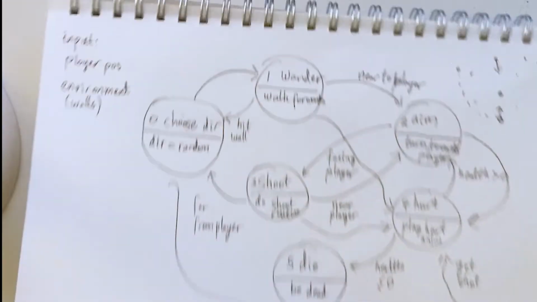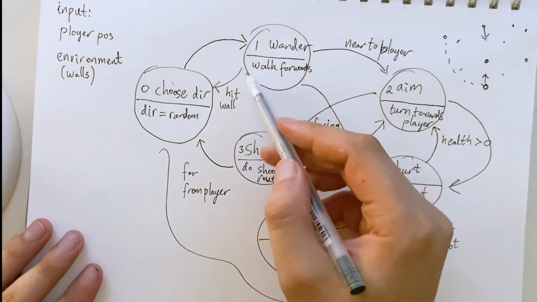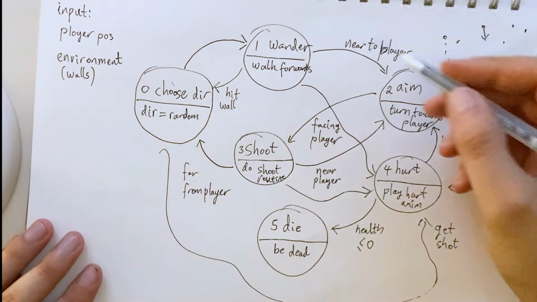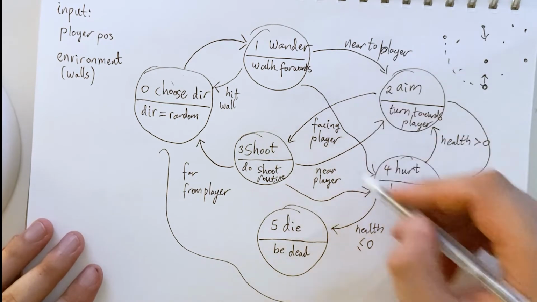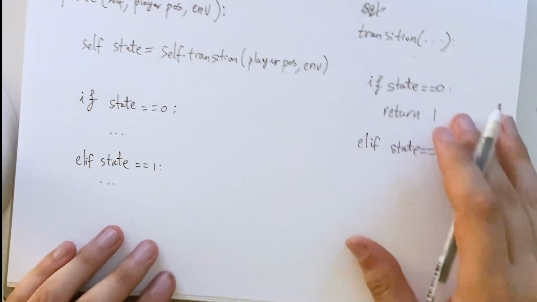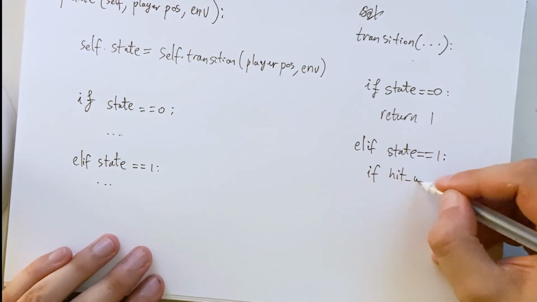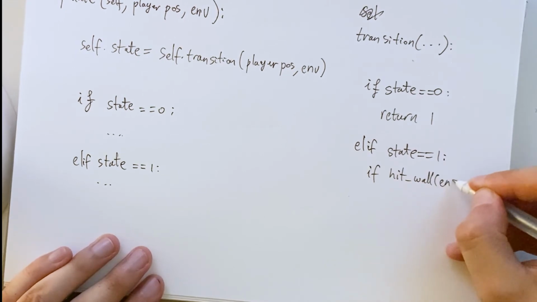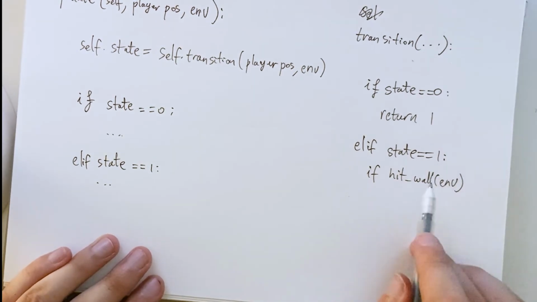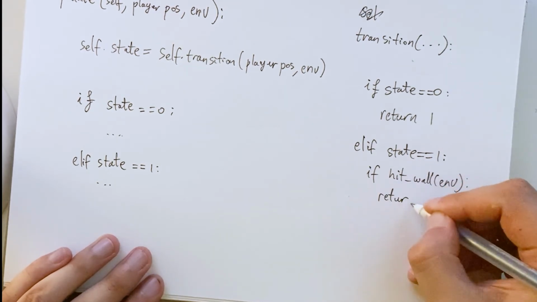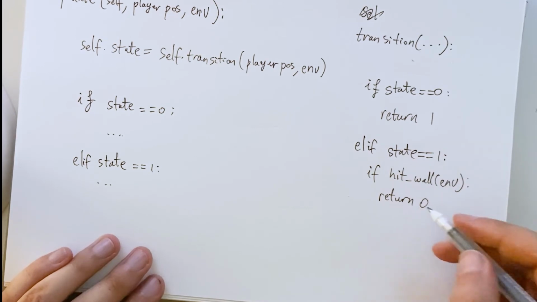Now, if we're in state 1, what are we doing? We're going to have some sort of test to see if we hit a wall, or if we're near to the player, or if we got shot. So we'll have some sort of test which takes the environment into account. If we've hit the wall, return 0, because we need to choose a new direction.